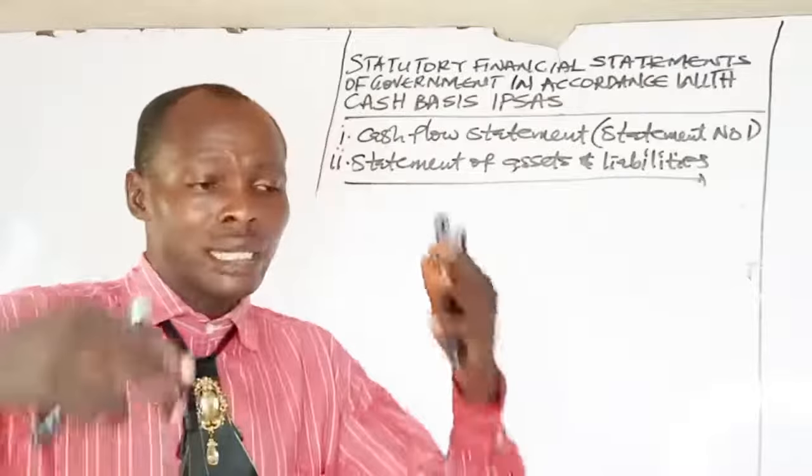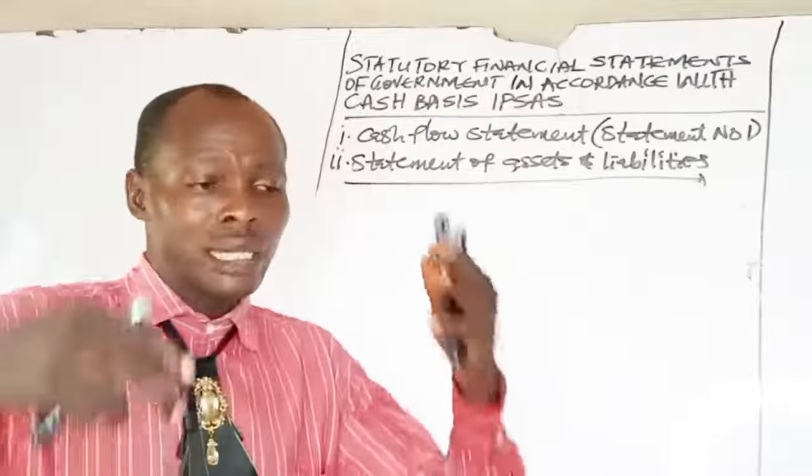Other liabilities include deposits, various other deposits, deposit liabilities. If you add the deposit liabilities, then you have the total liabilities. And this must agree with the total assets. So that is the format for preparing statements of assets and liabilities.